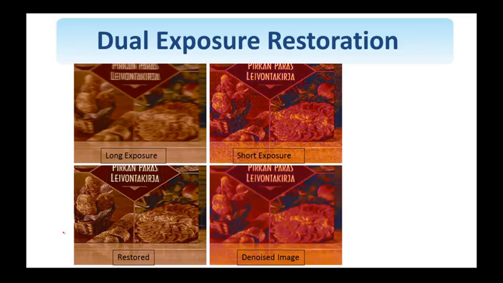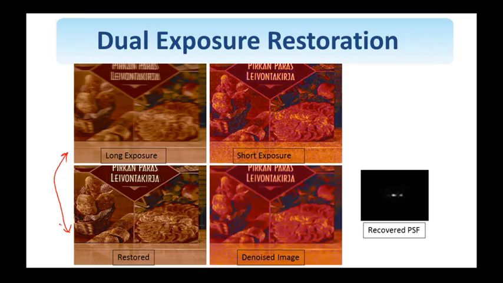So this is definitely an improved version of the observations. It is a sharp image while maintaining the colors of the original scene. Blind restoration was performed, and this is the estimated point spread function or impulse response of the degradation system that gave rise to the long exposure image.